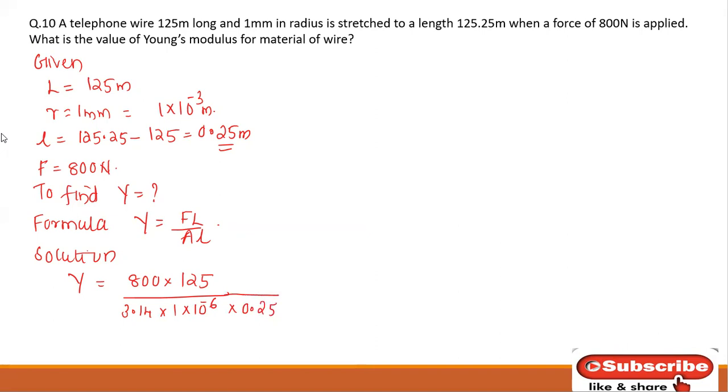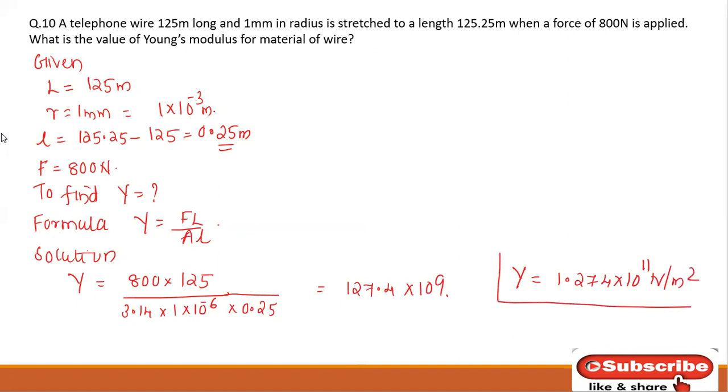Okay. On solving this, we will get 127.4 into 10 raised to 9. That is Y is equal to 1.274 into 10 raised to 11 Newton per meter square. This is the Young's modulus of the material of the wire.